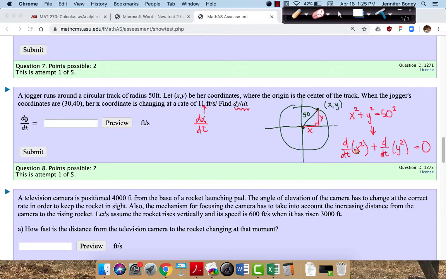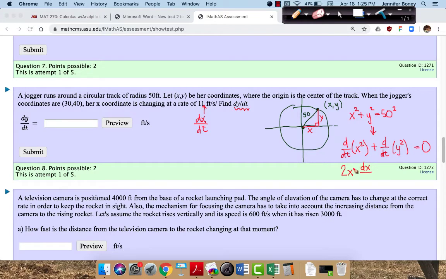But some formula would relate what's going on with x, and the derivative of x squared then is 2x times, since it's a derivative with respect to t, the derivative of the underlying function. So this is like f of x squared.